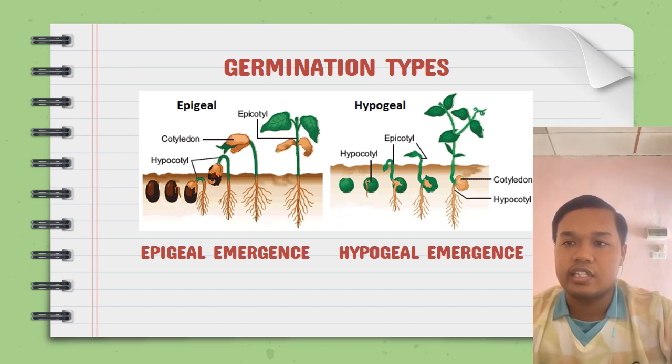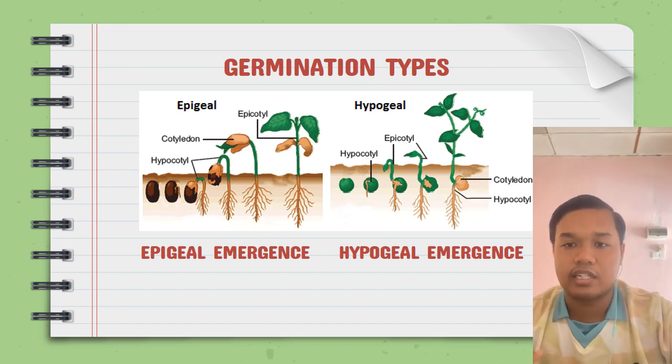As the seedling grows, the hypocotyl elongates and the cotyledons expand and become exposed to the light and air. The cotyledons may play a role in photosynthesis and provide energy for further growth, and many common garden vegetables such as beans and sunflowers exhibit epigeal emergence.